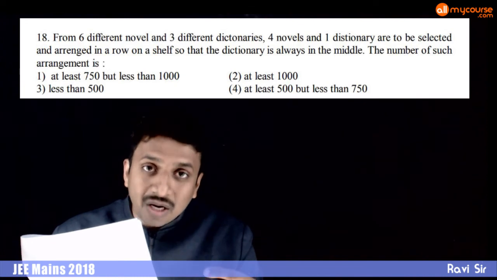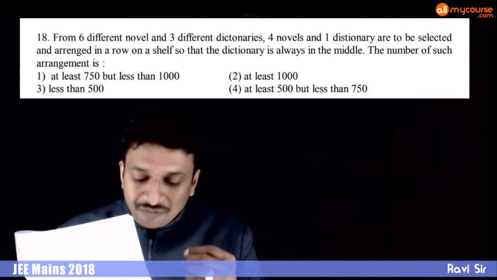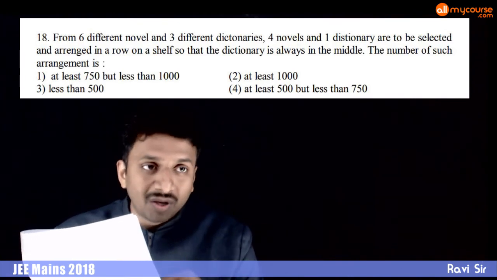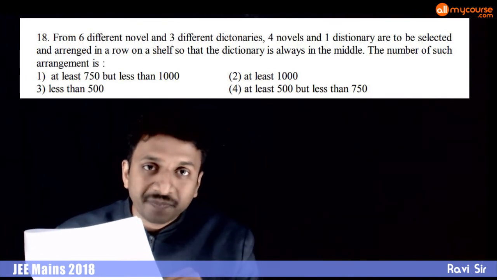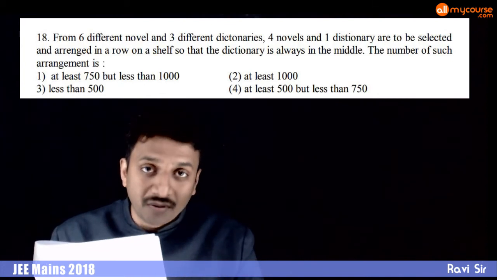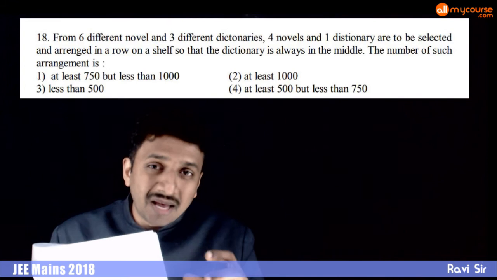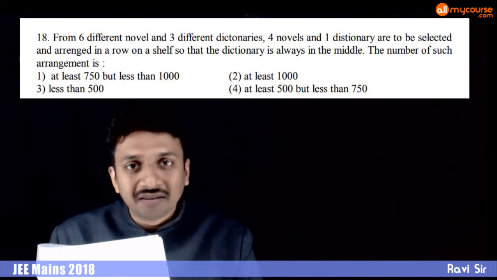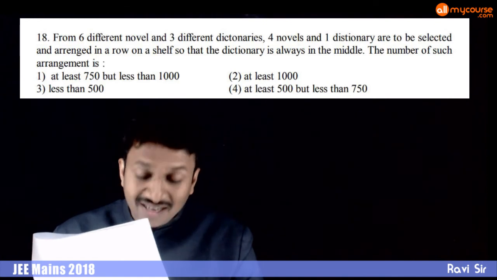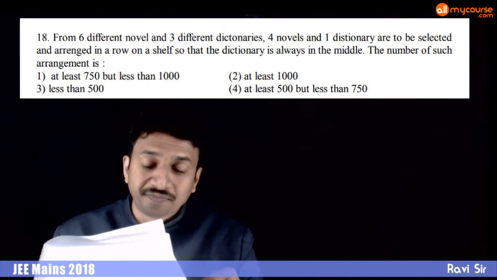You have to select 4 novels from 6 novels, and because the position of the dictionary is fixed, the remaining 4 places can be rearranged in 4 factorial ways. So the number is greater than 1000, and at least 1000 is the answer.